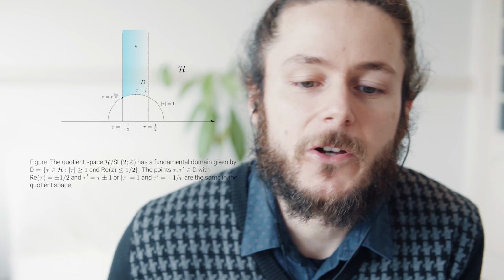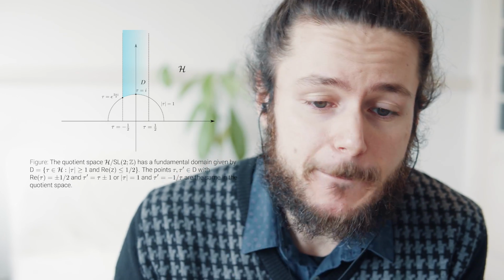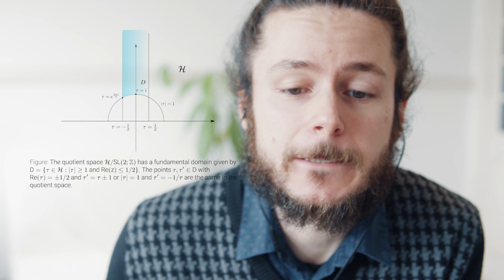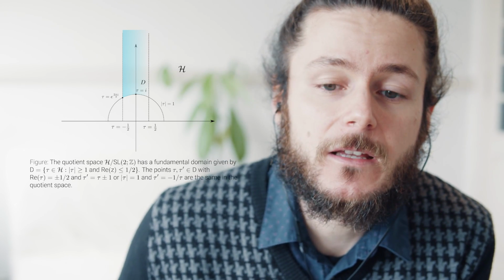This basically means that this is not the full story. You still need to mod out. This space here, the quotient space of the upper half space by the invertible group elements, integer valued matrices, is not a manifold. It is actually a space with the structure of an orbifold. And there are these orbifold points, tau equals to I and tau equals to e to the 2 pi I divided by 3, that have increased symmetry.